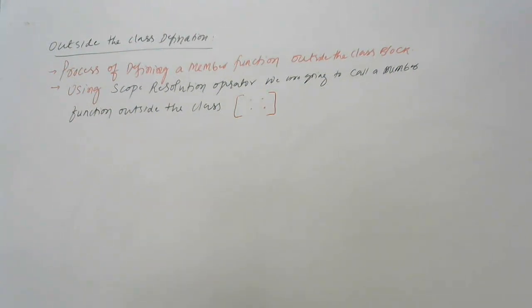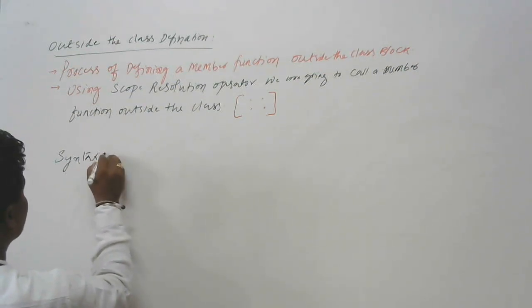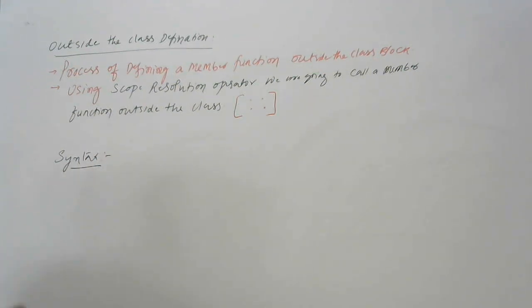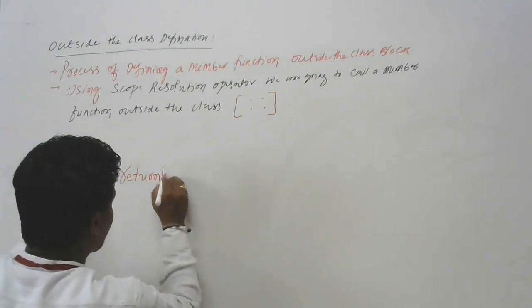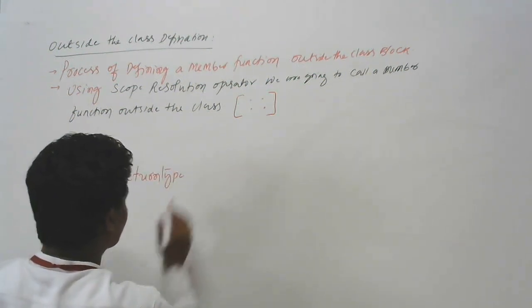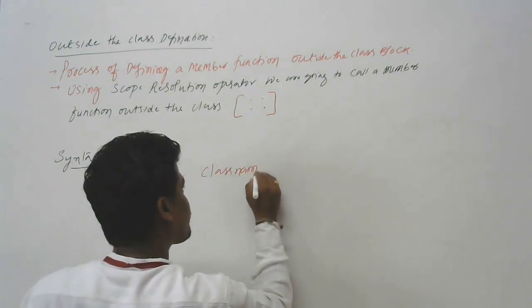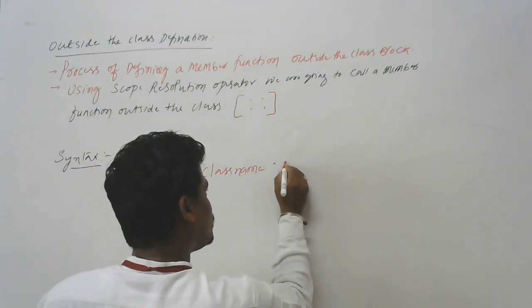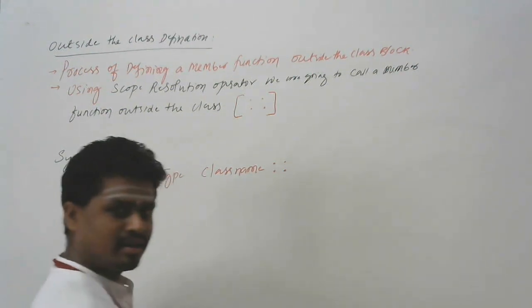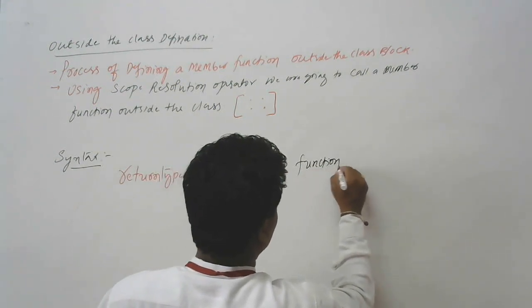Okay, the syntax of outside the class definition is: return type, class name, scope resolution operator, function name.